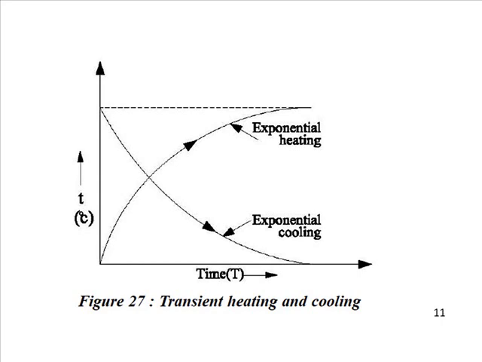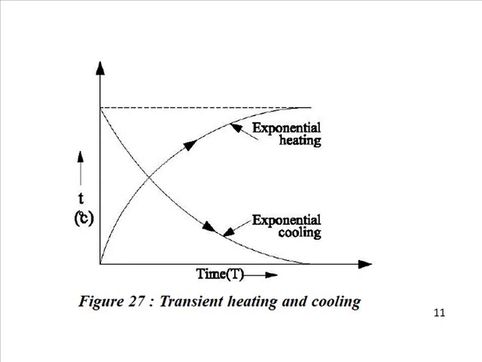And the third observation is that the quantity rho Vc divided by Ah has the dimension of time, and it is called the thermal time constant, denoted by tau th.